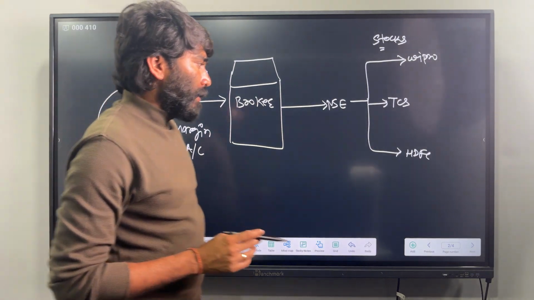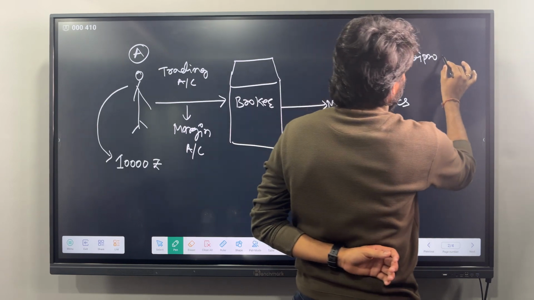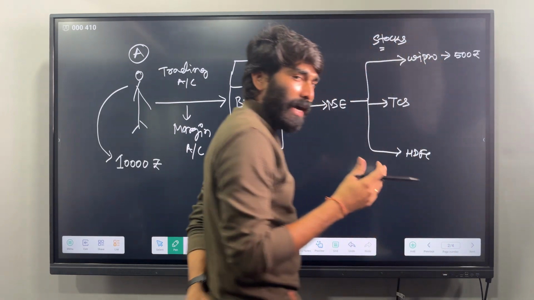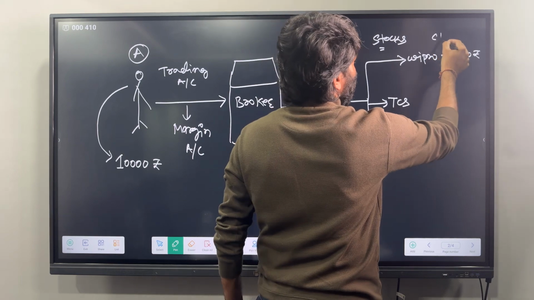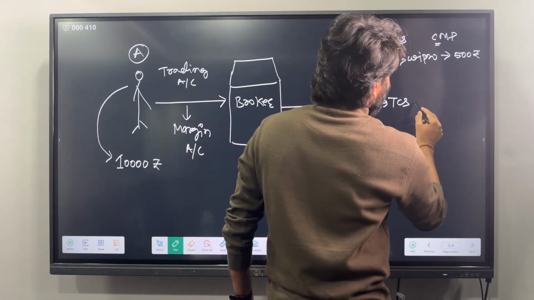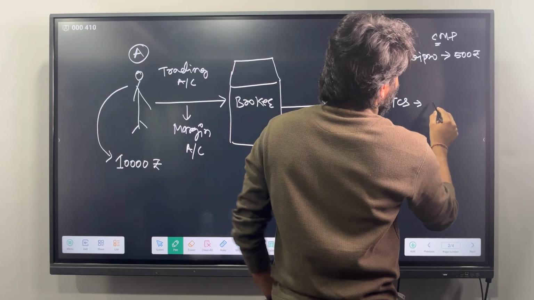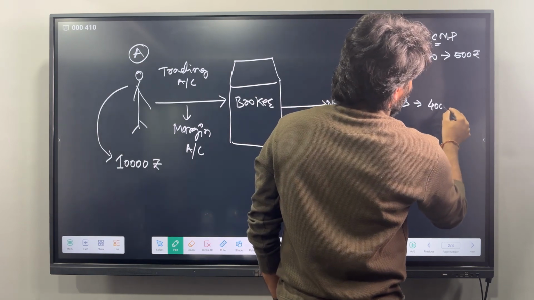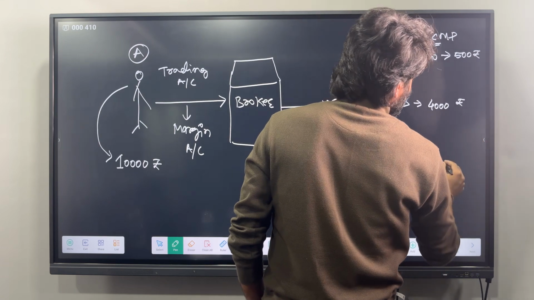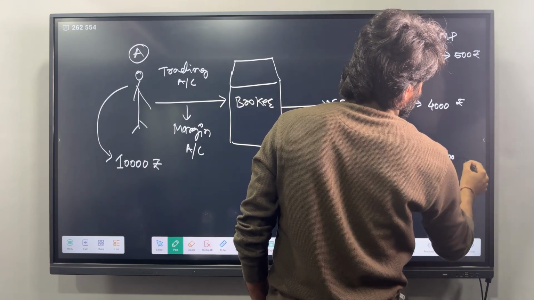Let's take an example. Wipro price is at 500 rupees, the current market price that I'm talking about. TCS price is at, let's say, 4,000 somewhere, and HDFC is around 1,500.